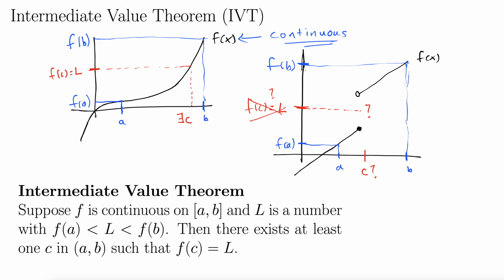Suppose f is continuous on the closed interval AB and L is a number strictly between f of A and f of B. Then there exists at least one C in the open interval AB such that f of C equals L. And if you want to use the fancy mathematical notation here, you can say there exists a C, that's what that backwards E business means, and then for C in, you can use this element of symbol.